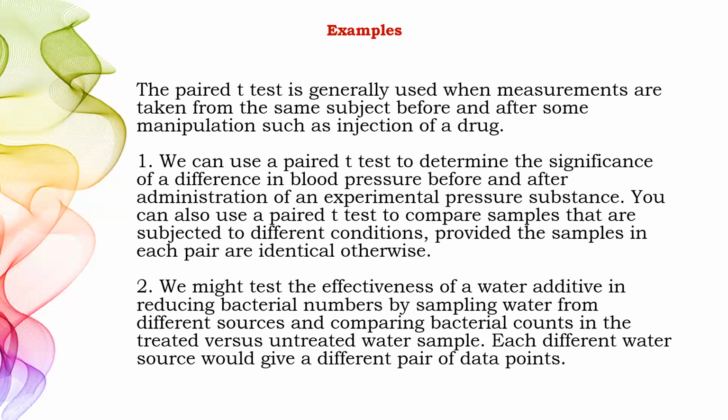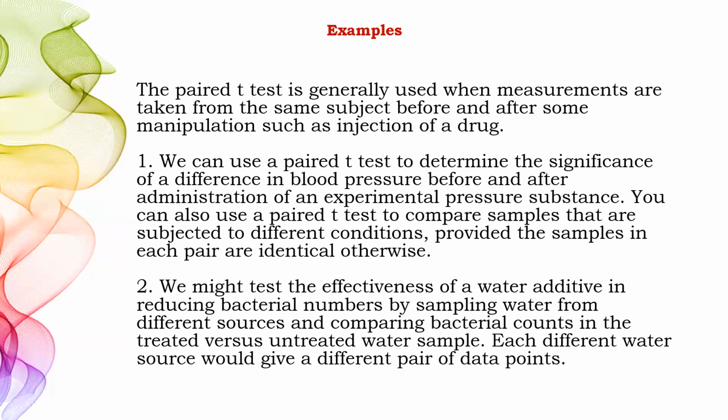You can also use a paired t-test to compare samples that are subjected to different conditions, provided the samples in each pair are identical otherwise. The second example: we might test the effectiveness of a water additive in reducing bacterial numbers by sampling water from different sources and comparing bacterial counts in the treated versus untreated water samples. Each different water source would give a different pair of data points.